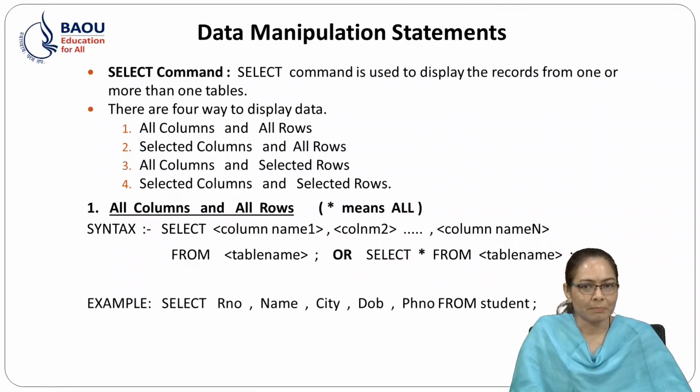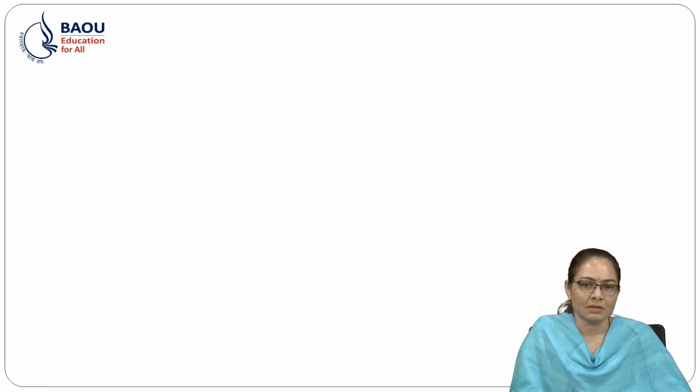See the example, select roll number, comma name, comma city, comma date of birth, comma phone number from student. Or we can also write select star from student. So it will display all the records of the student table. Now all the columns and all the rows.